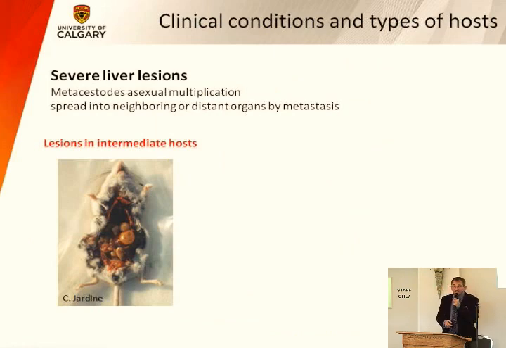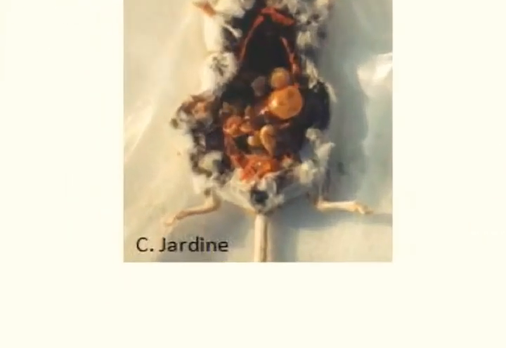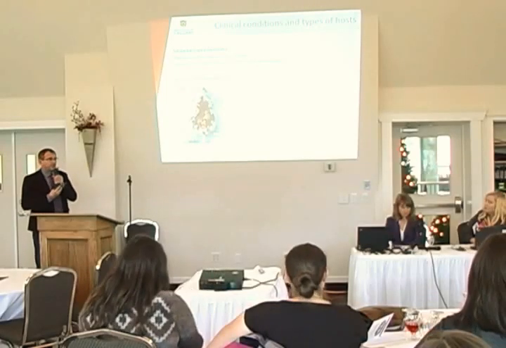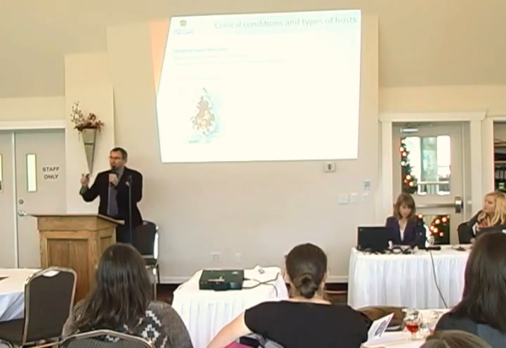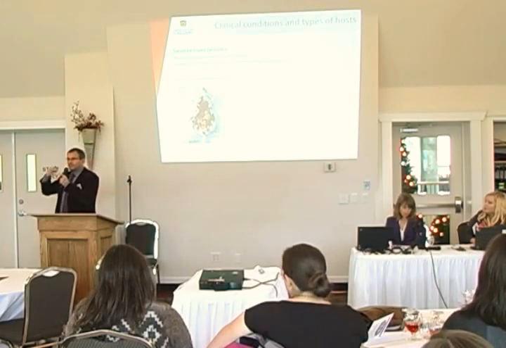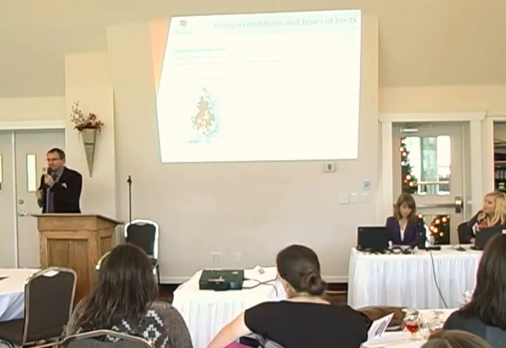What happens in the intermediate host, so in the rodent? As I mentioned, there is this asexual multiplication of the metacestode larva, and when that happens, it's like a cancer disease. So there is an infiltrative kind of damage, and there are these lesions. This is very different from what we are used to, that is the cystic echinococcosis, that is very localized, and the cyst is growing, and all the multiplication is inside the cyst.